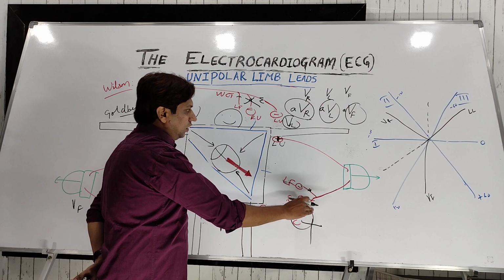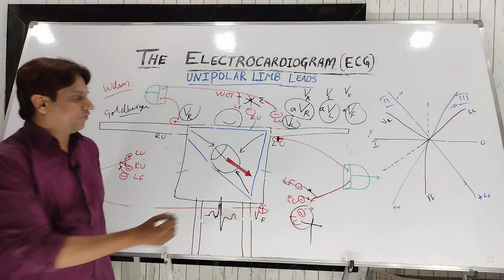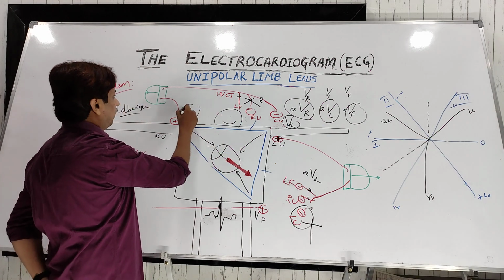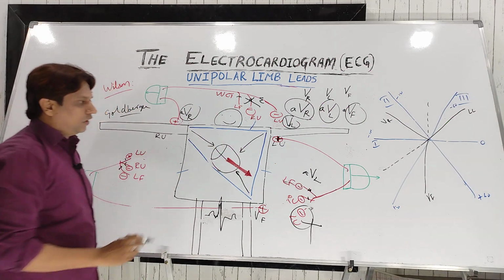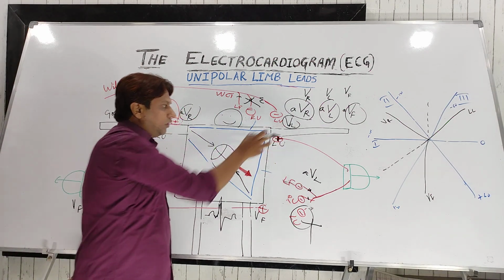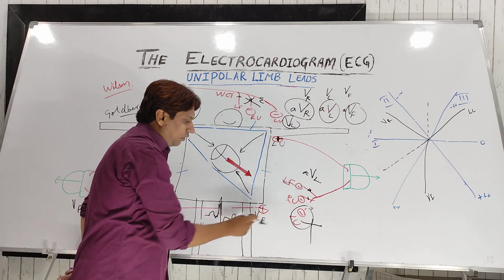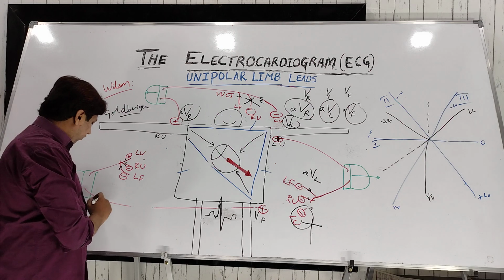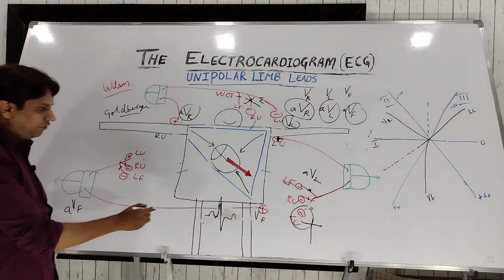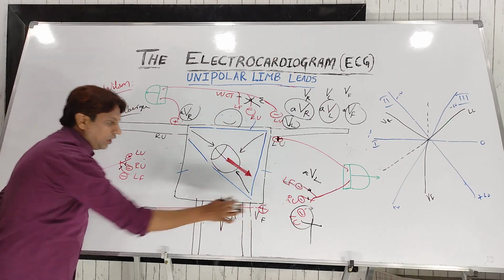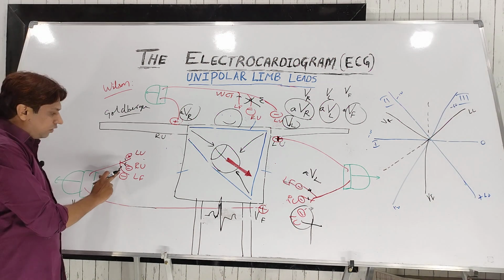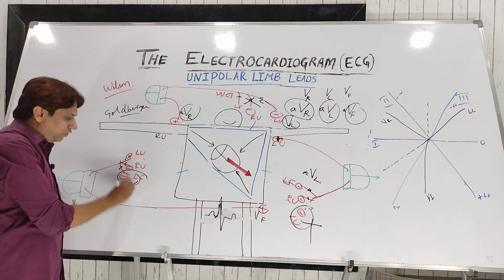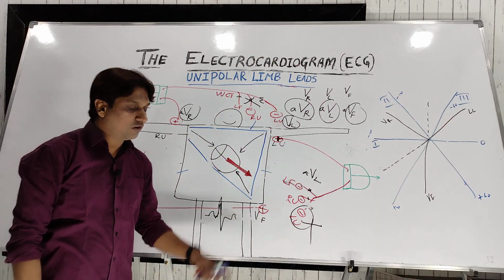So now this is called AVL and this is called AVR. In AVF, the positive electrode is in the left foot and the negative electrode is placed on the right upper limb and left upper limb, and he removed the negative electrode which was on the left foot.